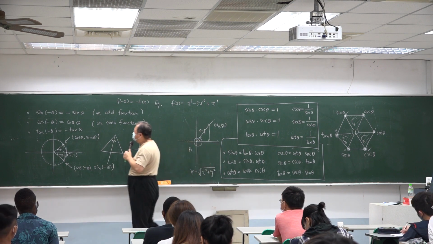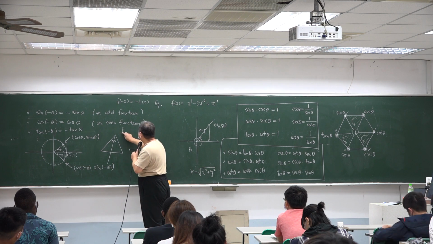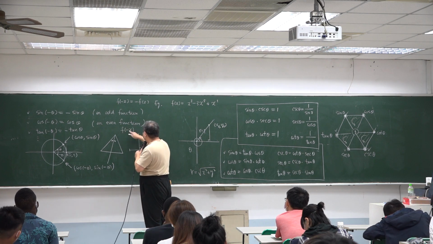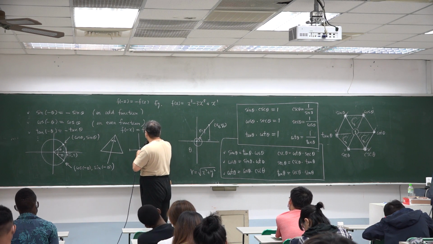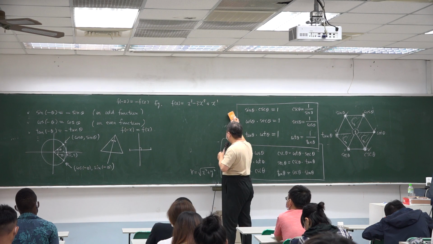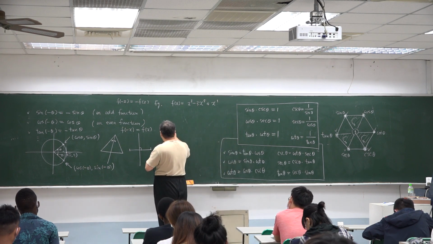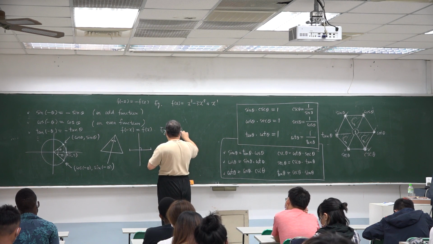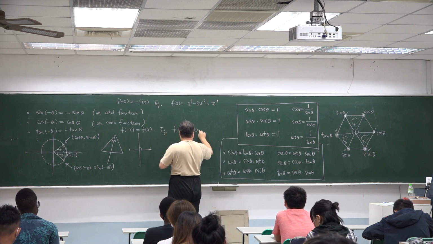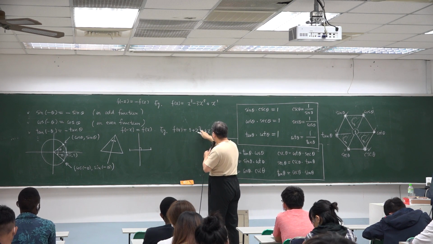Or why do we call a function with this property an even function? Even function means if we replace x by its negative, the value is unchanged. See?